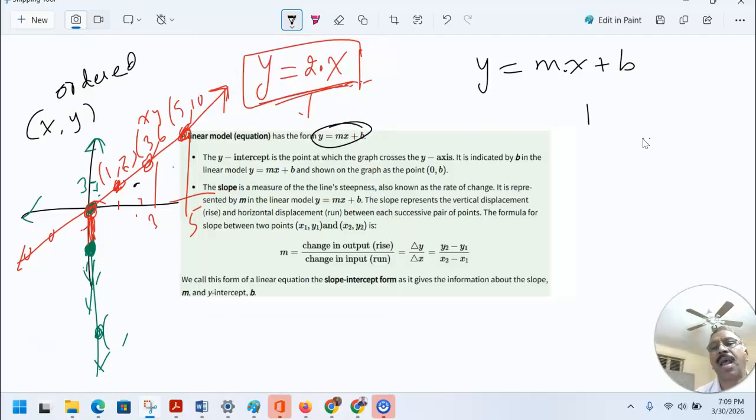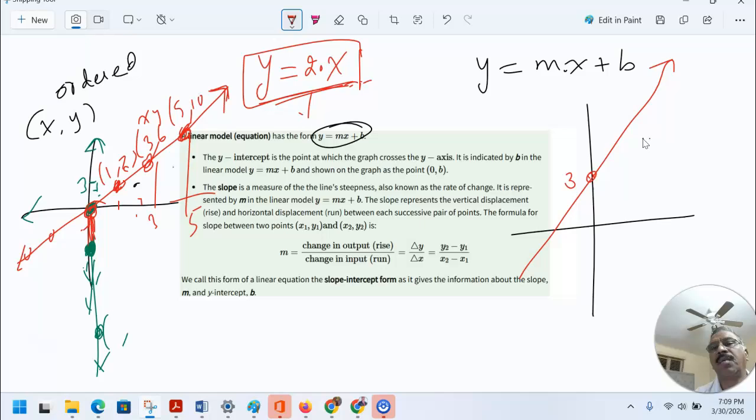What about if the line does not pass through the origin, and you have something like this, and it starts somewhere here, let's say 3, and then it goes on like this. Then the point where it cuts the y-axis is 0 comma 3, which is called the y-intercept. So what is the y-intercept? Basically it means where the line crosses the y-axis.